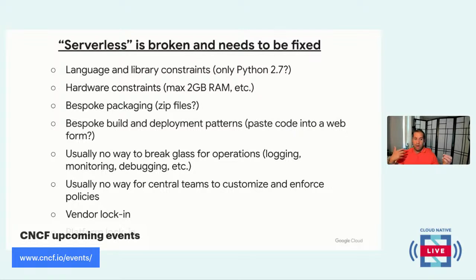The big one that I often see a lot of people mention is vendor lock-in and platform lock-in. While your code is the same, the way you deploy it will vary from vendor to vendor, because everyone has different bespoke packaging and deployment patterns. So when you build your tooling, you tend to see a lot of lock-in to any specific vendor, any specific platform.